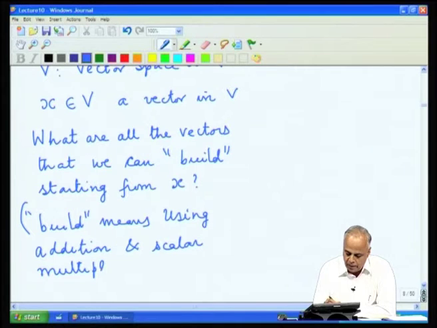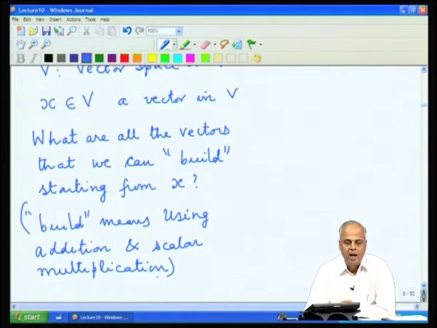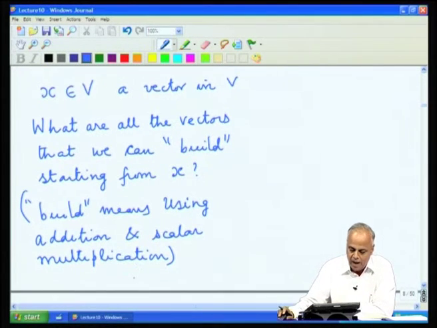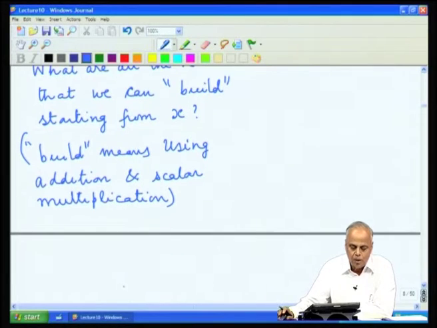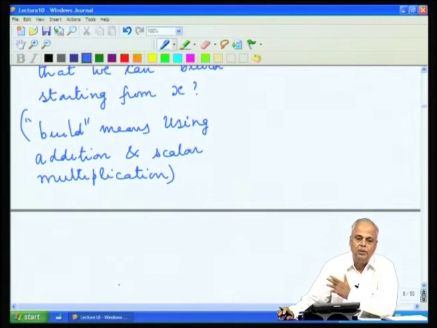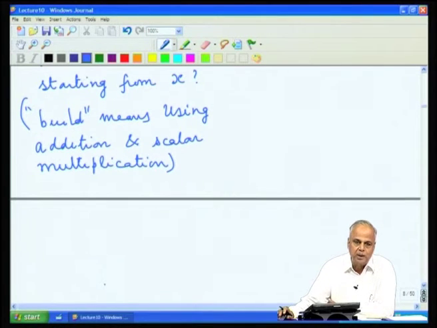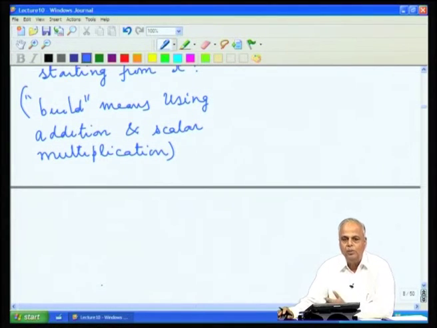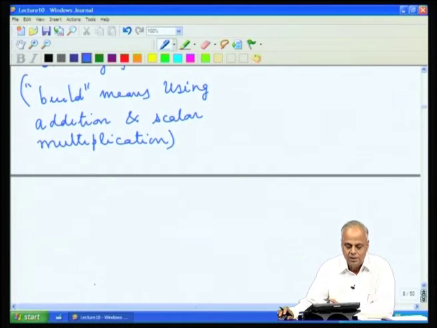So, start with a vector x in V and see what are all the things that you can build using that x, and the things that you are allowed to build are the only things that you can do in that universe. In that universe of that vector space, the only things that we know to do are the addition and the scalar multiplication.